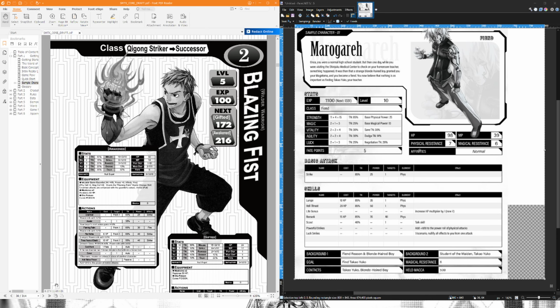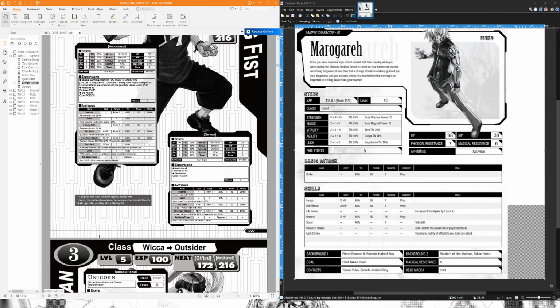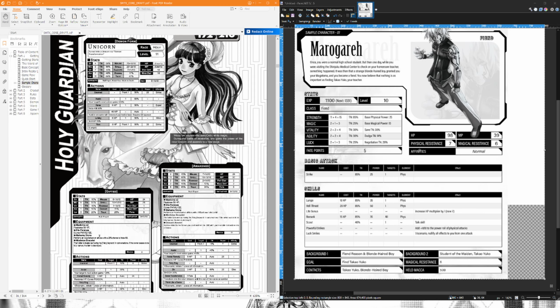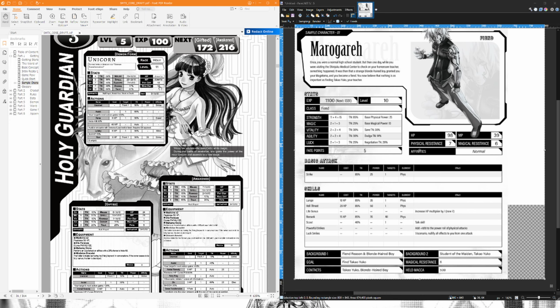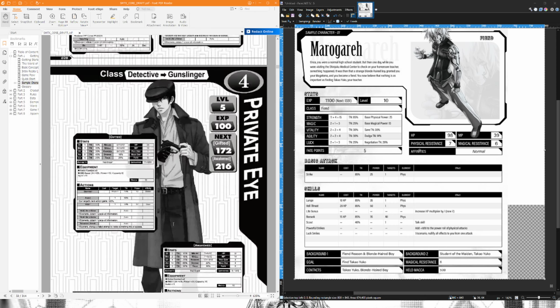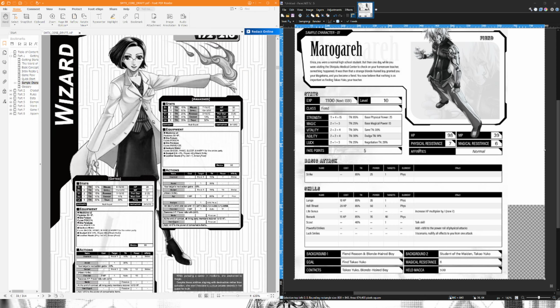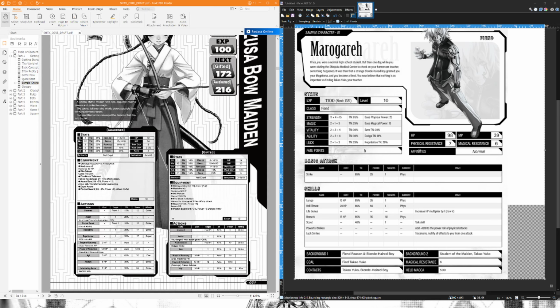Let's see. So another important thing, and this might make more sense if I go to a different character. Here's an outsider. She transforms into the unicorn. Gunslinger. I'm trying to find the shield work.